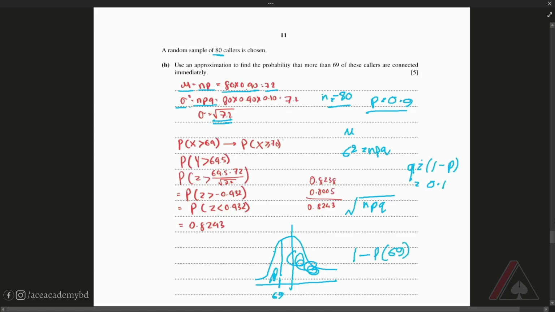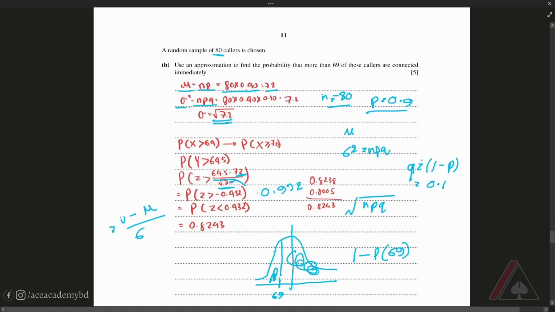We find the value by using the equation value minus mean, divided by standard deviation. We have our mean and our standard deviation, and we get the value 0.932.